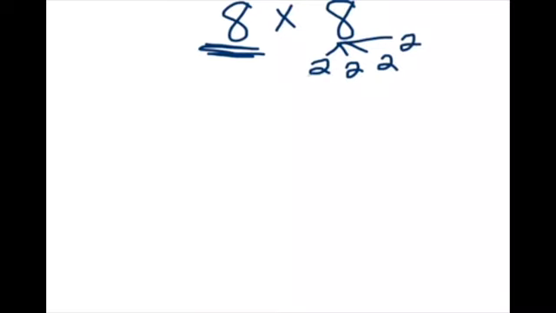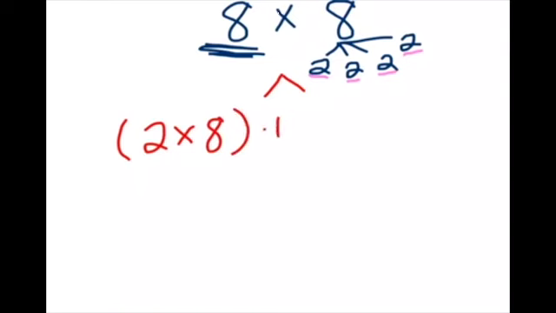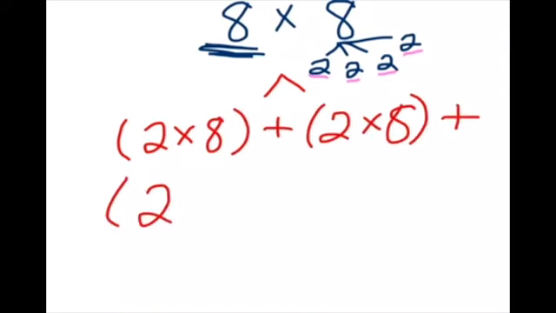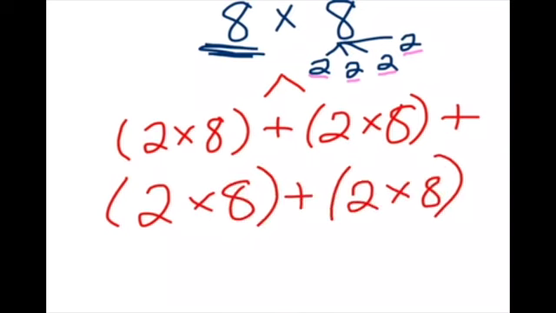Because we know that 2, 4, 6, 8, we know that 4 2s make 1 8. Okay, and so when we broke apart 8 times 8, we decomposed that by breaking it down. And decompose just means I'm breaking this down. This 8 times 8, we turned it into a 2 times 8 plus another 2 times 8 plus 2 times 8 plus 2 times 8.